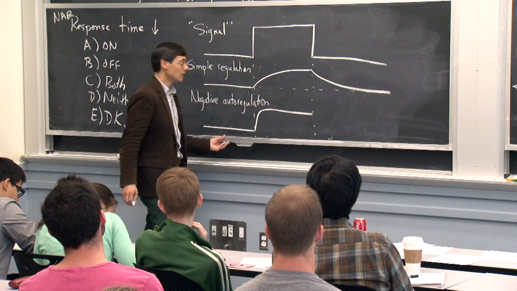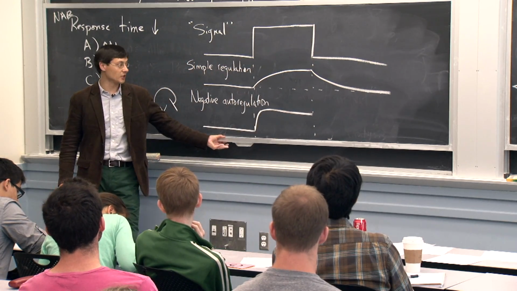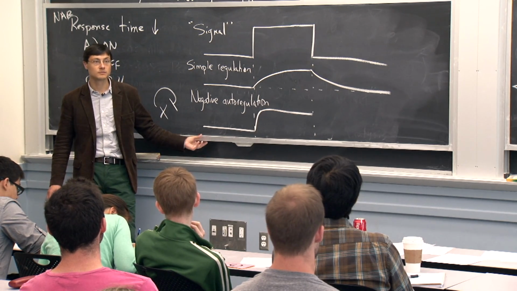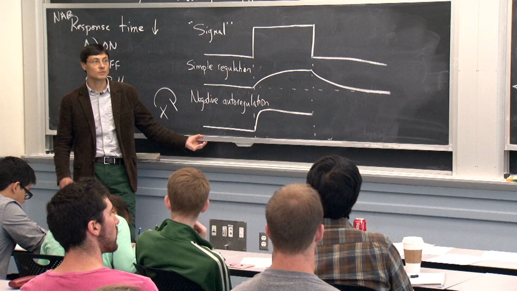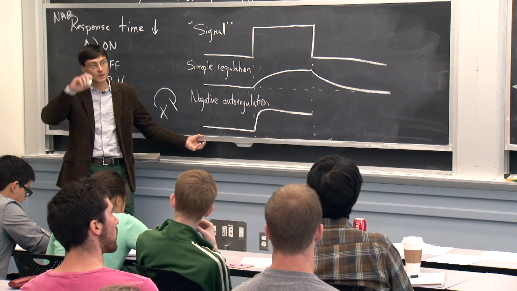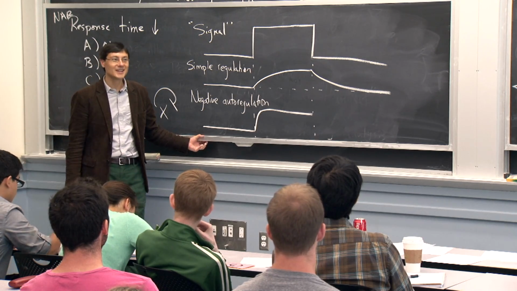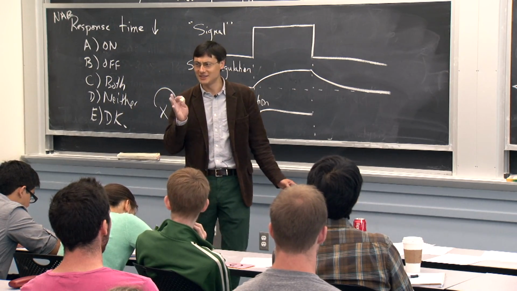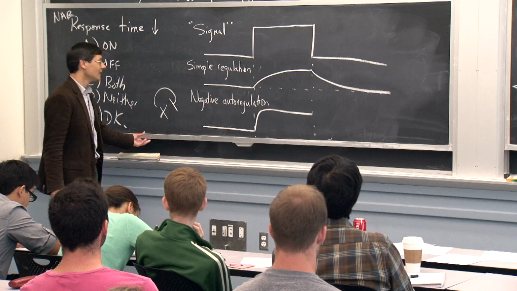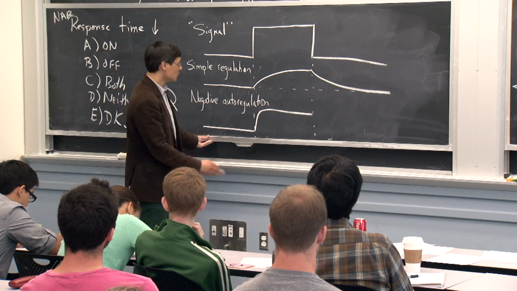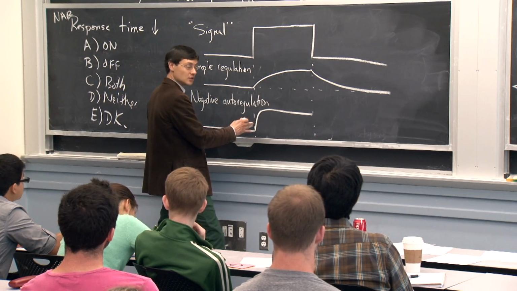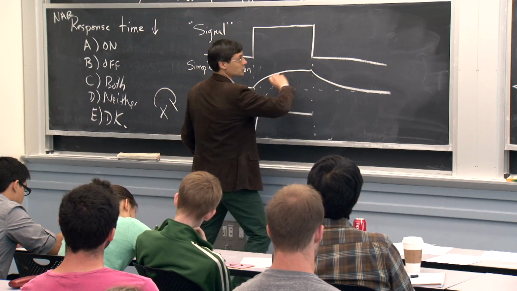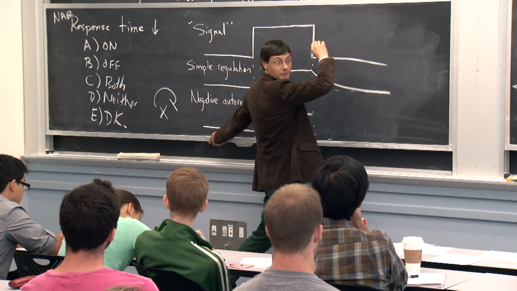Okay. And does somebody want to give the explanation for why this is? Well, your equilibrium level is lower. Yeah, exactly. This is actually surprisingly difficult to explain, even though it's not a deep concept. The idea is that you start out expressing a lot, so that if you had kept on expressing at that high level, you would have done some exponential, and it would have taken a cell generation time to come way up here.